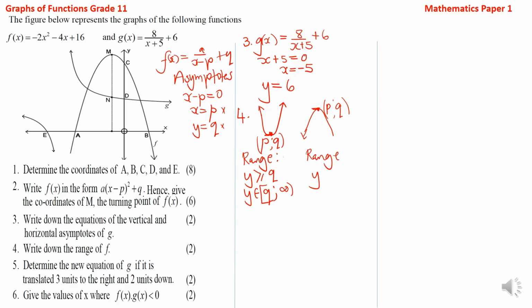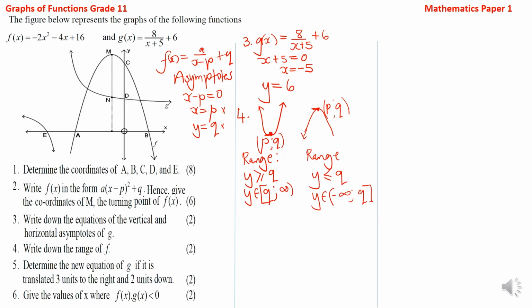So we can say y is less than or equal to q. Or we can say y is an element of, from the bottom, which is negative infinity, up to q. This is the range of the function. So range basically means from top to bottom. Where does the graph start and where does it end?